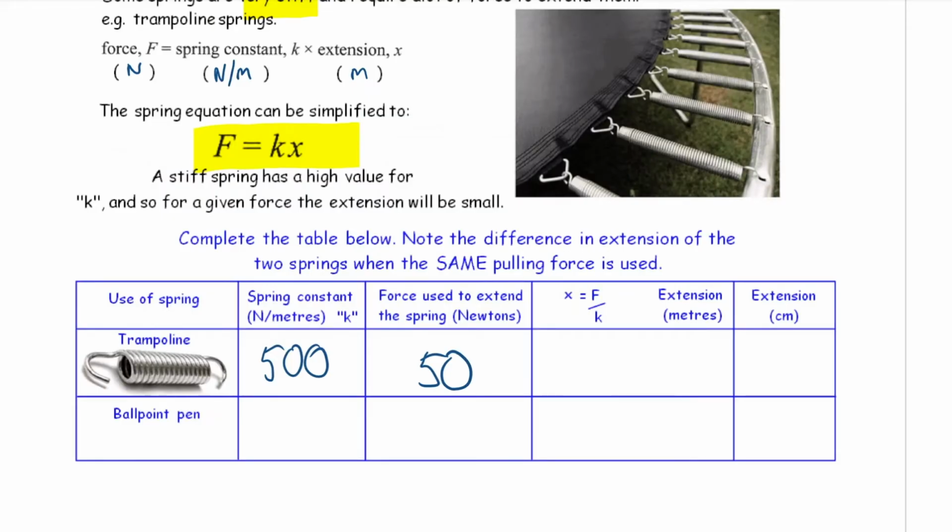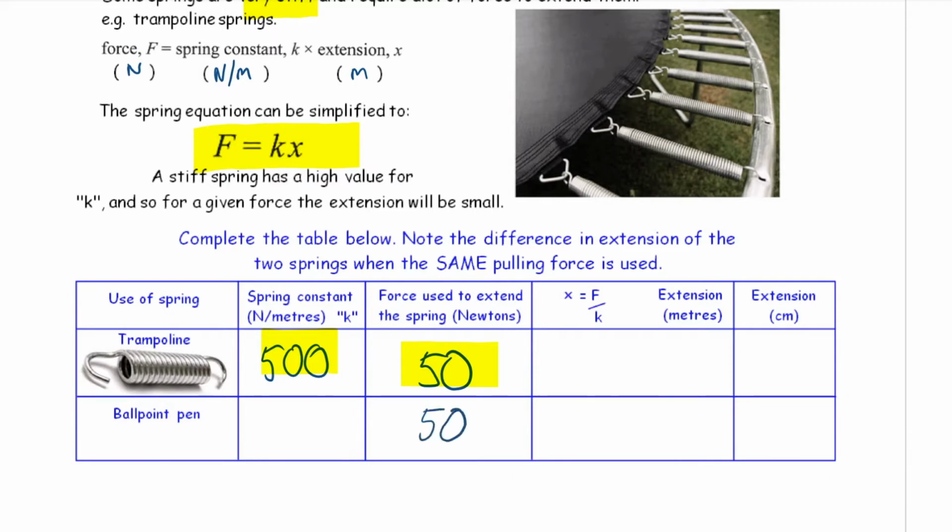Okay. Going back to this table, what we're going to do first of all then is mimic a trampoline spring by putting in a spring constant of 500 newtons per meter and apply a force of 50 newtons. Then we're going to mimic a ballpoint pen.